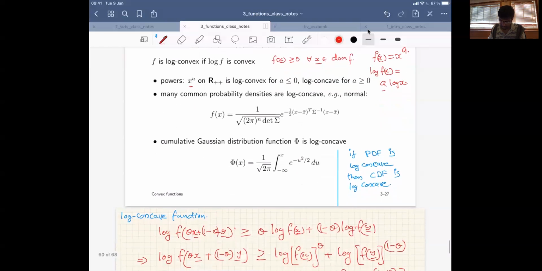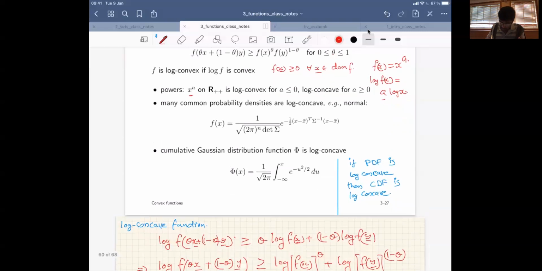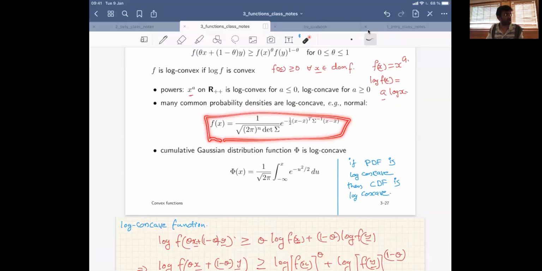Another function is the probability density function. Many PDFs are log concave. So here is one example, f of x. This is the Gaussian or normal PDF, right? Which has this form. I hope all are familiar with this.